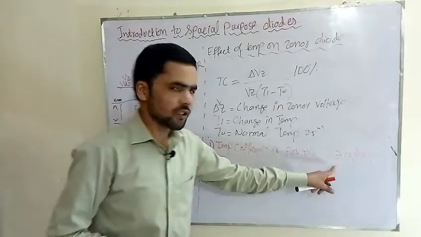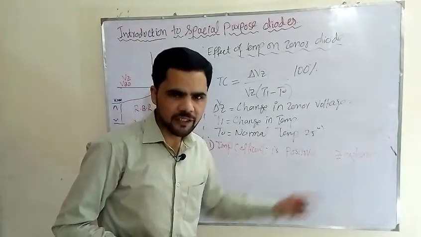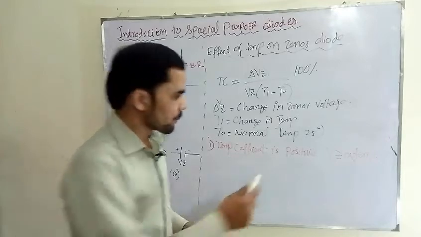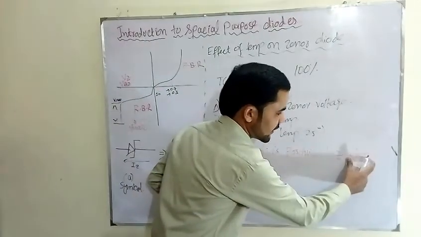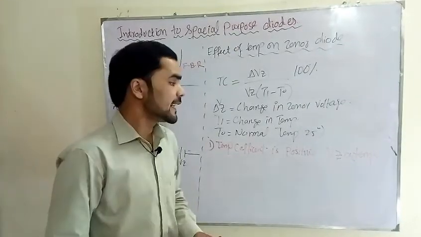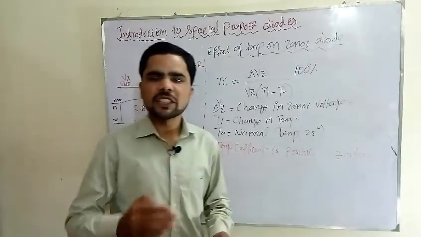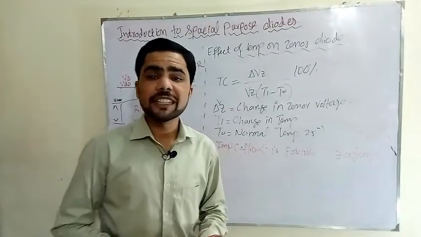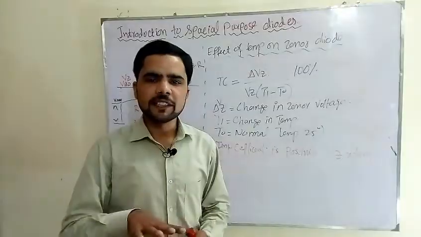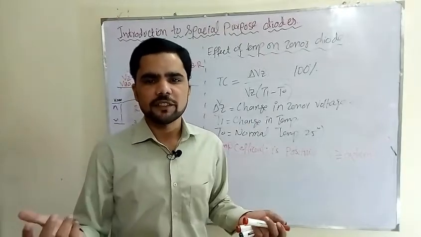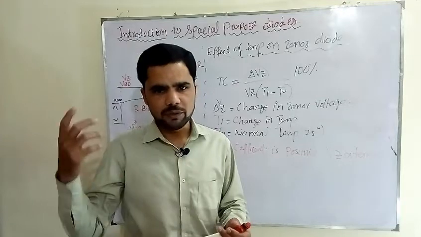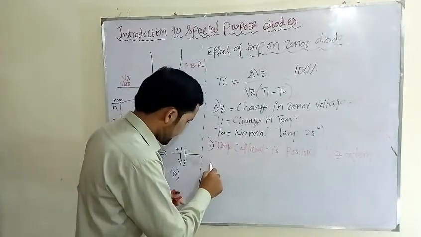If this is not clear, I repeat again: Zener voltage is directly proportional to temperature. It means when temperature increases, Zener voltage increases. When temperature decreases, Zener voltage decreases. Directly proportional. You understand the basic concept.